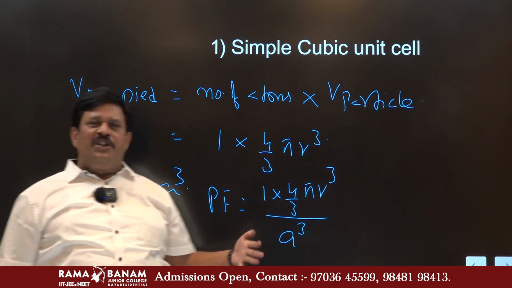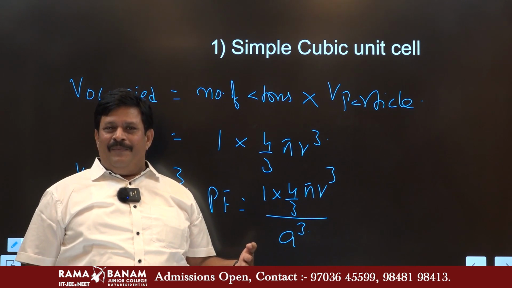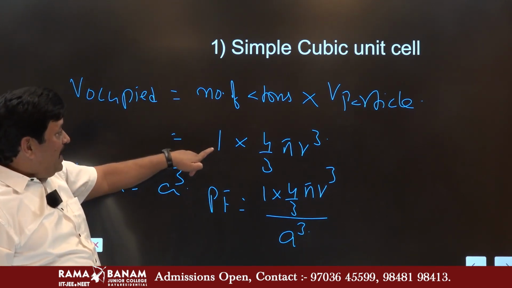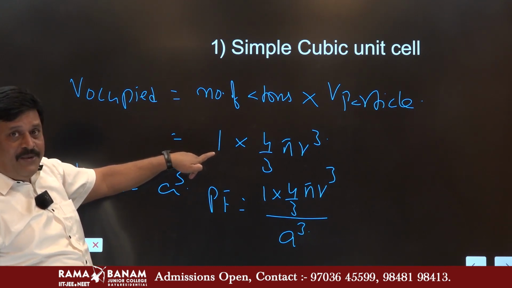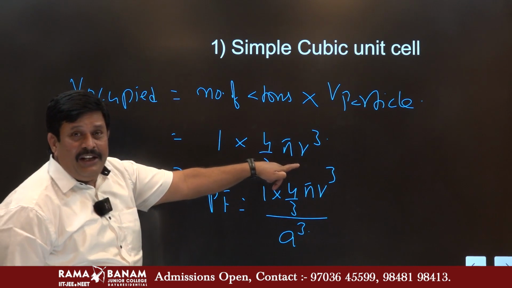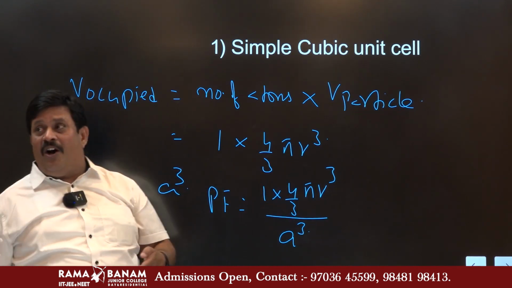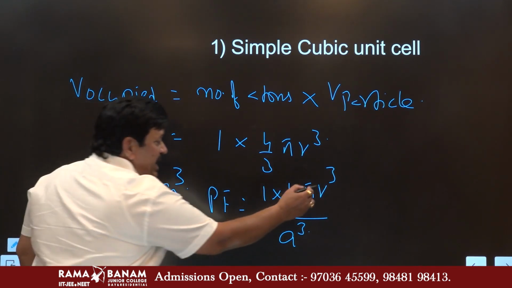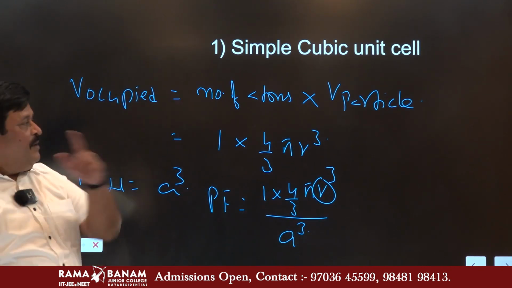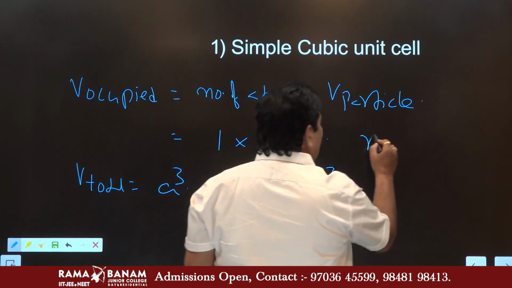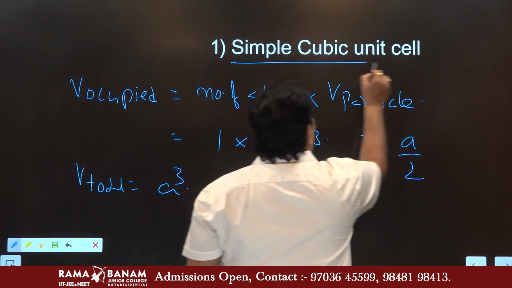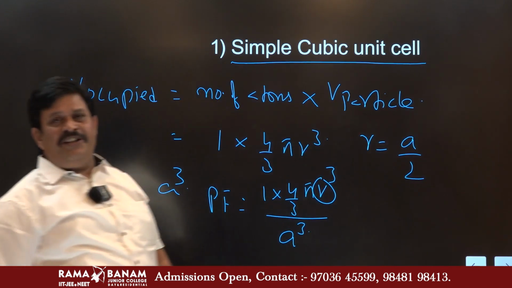Everything should be in a systematic way. See, in the first board we explained how to calculate the effective number of atoms. In the second we calculated the relation between a and r. Now we will use that relation between a and r for simple cube. We all know r is equal to a by 2 because we are calculating packing fraction for simple cubic unit cell.